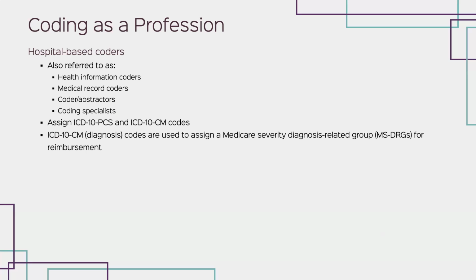Coders will then use their classification systems to assign patients to one of several hundred Medicare severity diagnosis related groups, or MSDRGs. And those MSDRGs will determine the amount for which the hospital will be reimbursed if the patient is covered by Medicare, or there are going to be other MSDRG systems that your other insurance, like your commercial payers, will use.